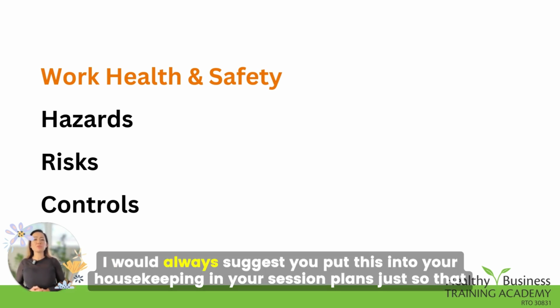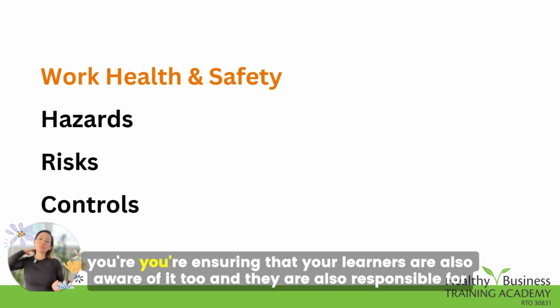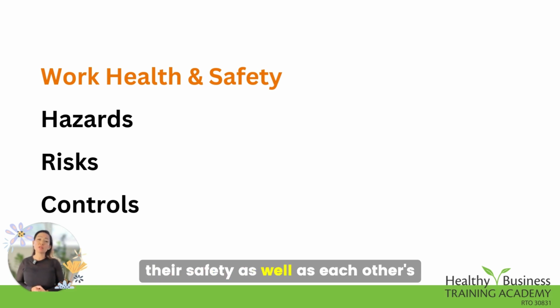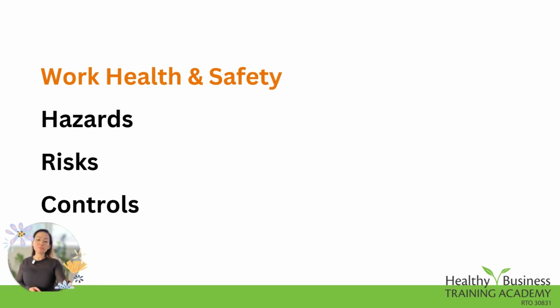I would always suggest you put this into your housekeeping, in your session plans, just so that you're ensuring that your learners are also aware of it too, and they are also responsible for their safety as well as each other's.